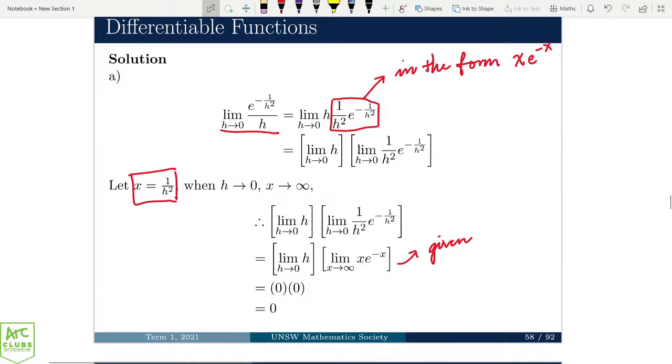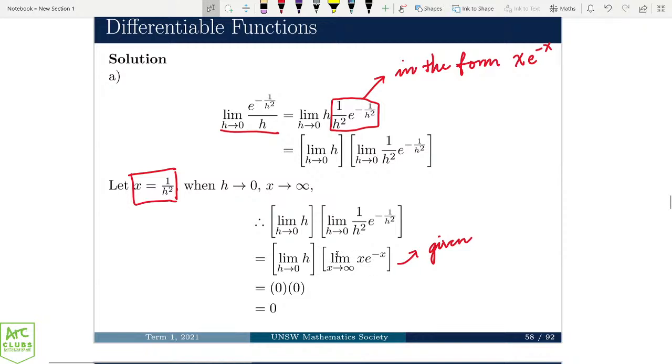Because the limit we're dealing with is when h approaches 0, and in this particular substitution, as h approaches 0, our x here will approach infinity. So we can rewrite this expression as this, which is exactly identical to the condition we've been given.